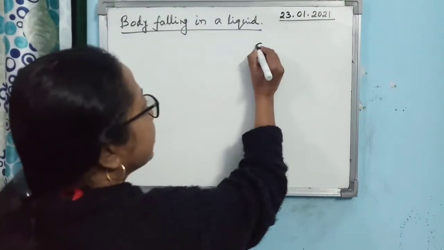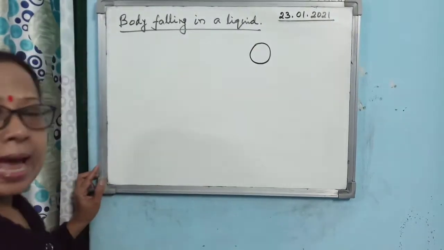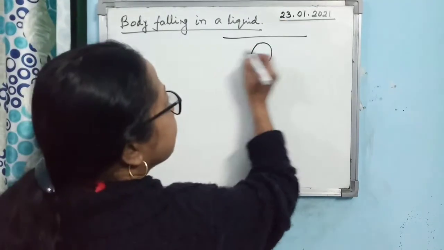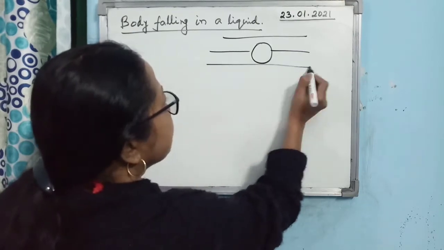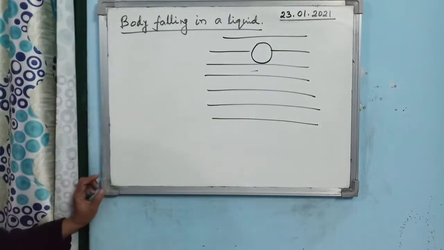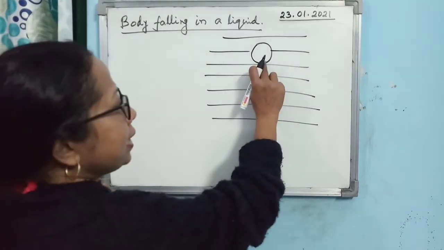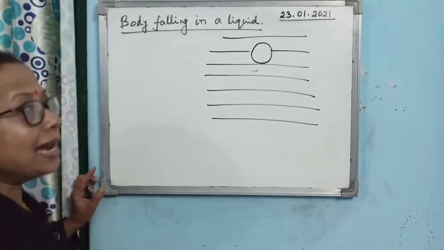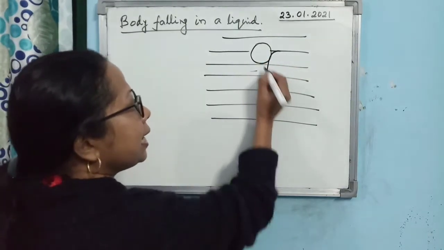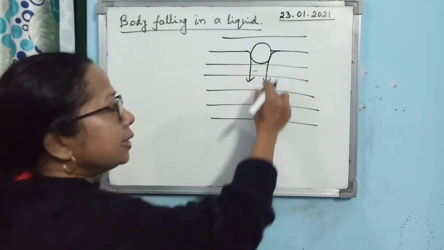So let us consider there is a body and it is falling through a liquid. Now we can consider as if the liquid is divided into different layers. When the body is falling down, it is dragging the liquid layer along with it in the downward direction.